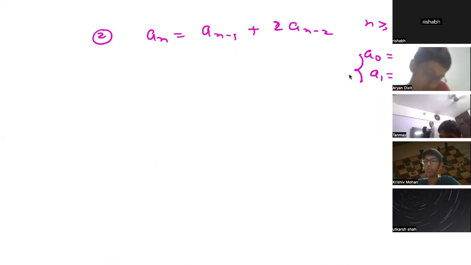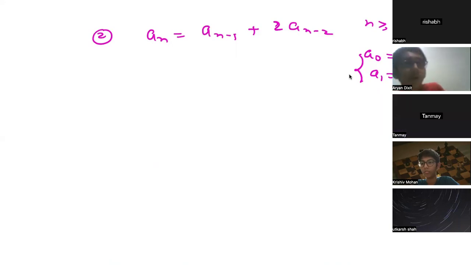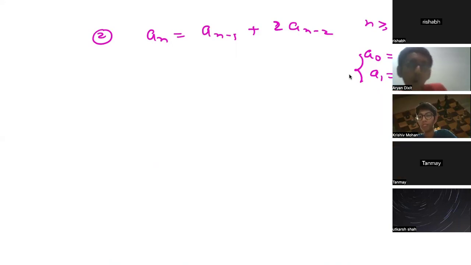In this question, you have to find the recursion sequence, what an should be. If I give you A5, A10, A15, how do you find those numbers?